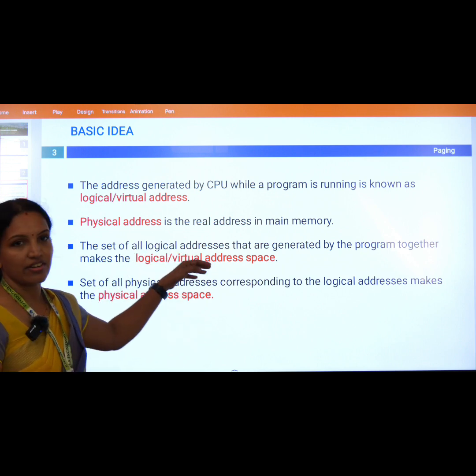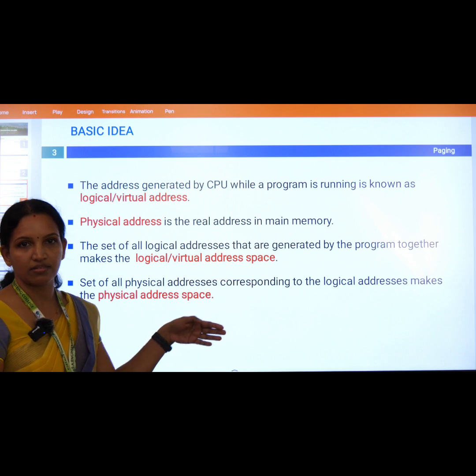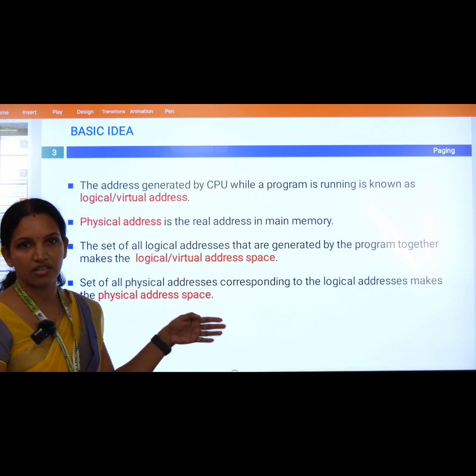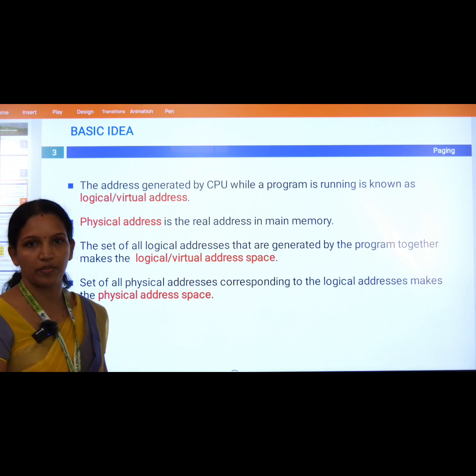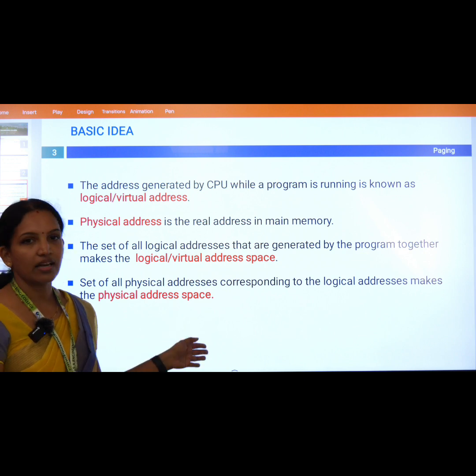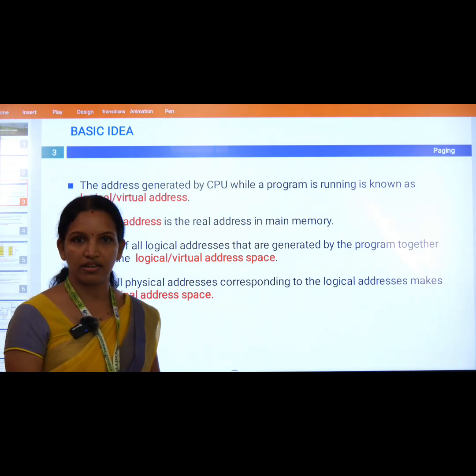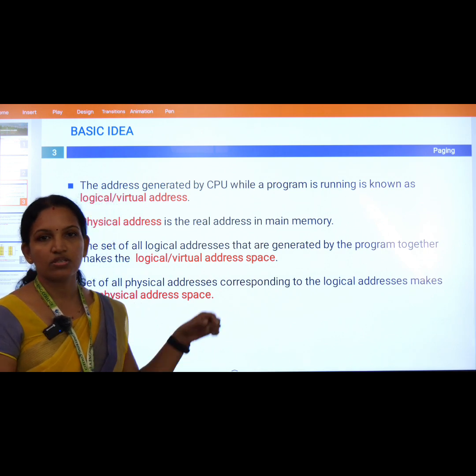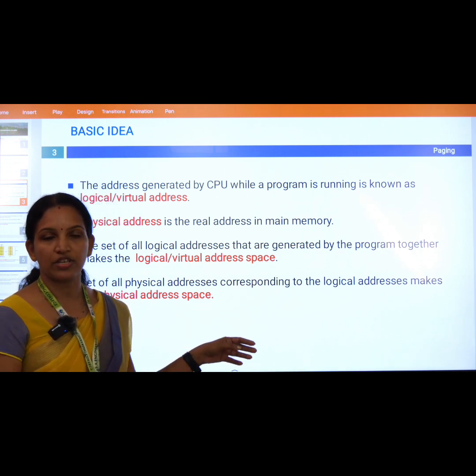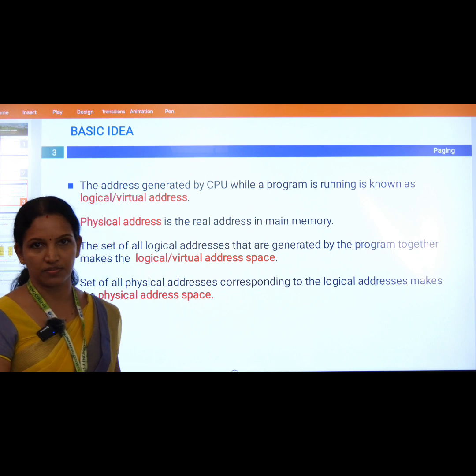The total addresses generated by the CPU are known as the logical address space of a process. Like that, corresponding to each logical address, there will be a set of physical addresses in the main memory. Those set of physical addresses are known as the physical address space for the process.